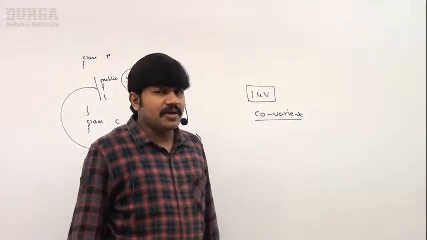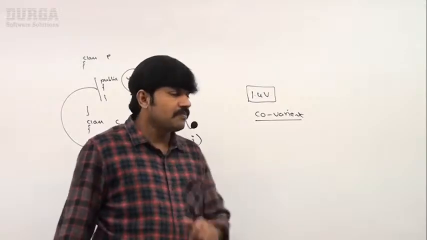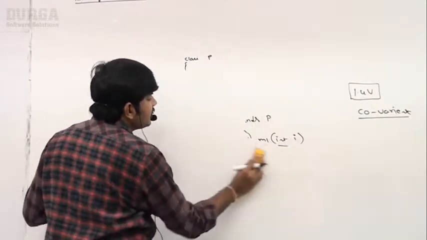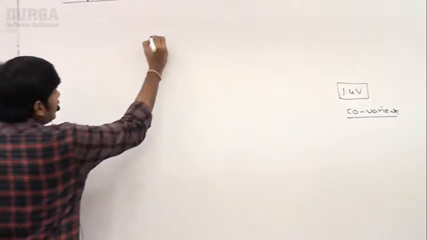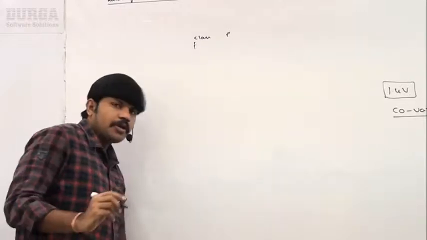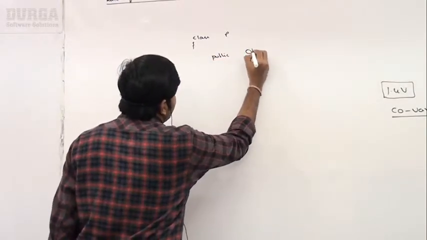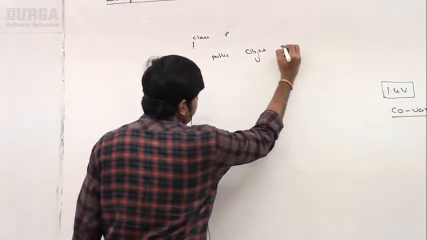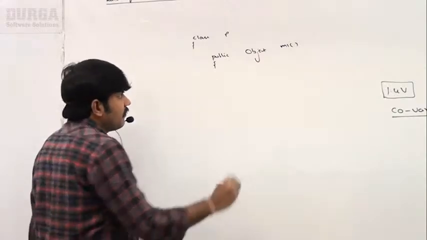Then immediately you may ask, sir, what is the meaning of covariant return type? Very simple, sir. Let me go for a small example, then you people can understand very easily, right? Here I have class P, the parent class. Assume the parent class method return type is Object, public Object m1.